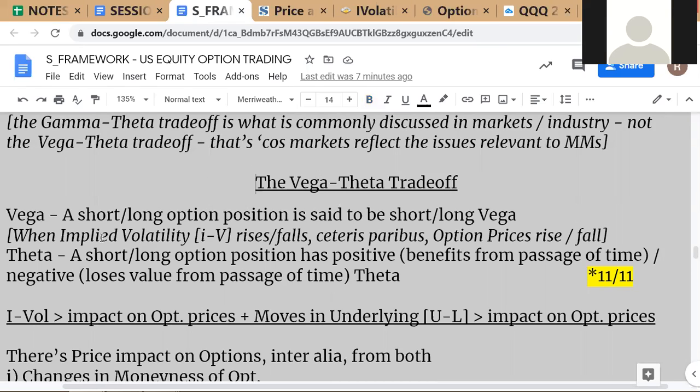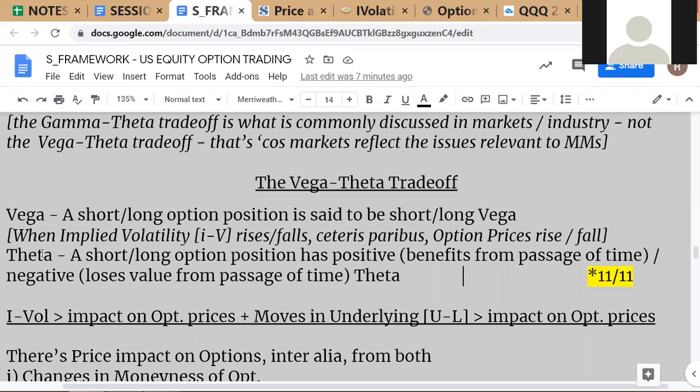So the vega theta trade-off, if you go short options, you'll have short vega. If you have long options, you'll have long vega. Mainly, we are concerned with this long option position. Okay, let's keep it this way. Then we'll talk about the difference a little later on.